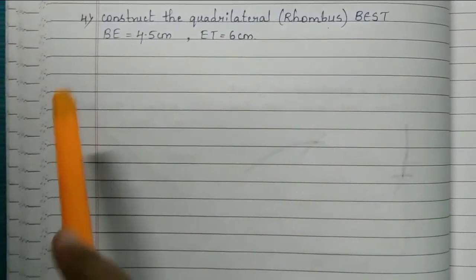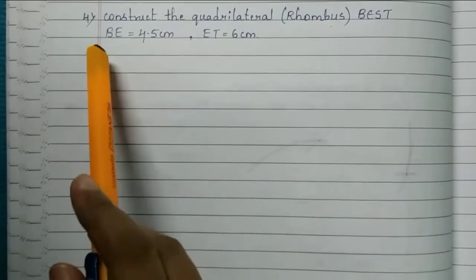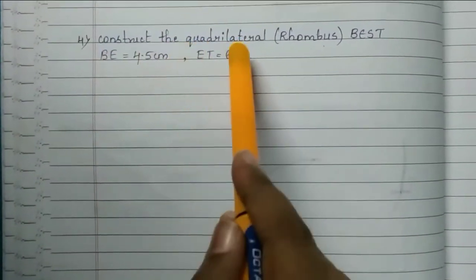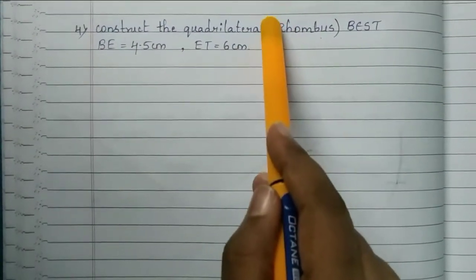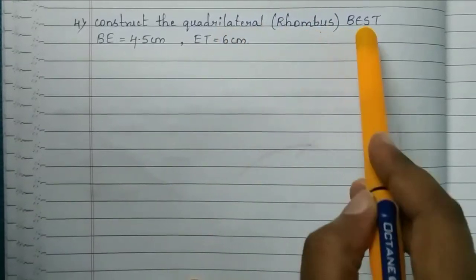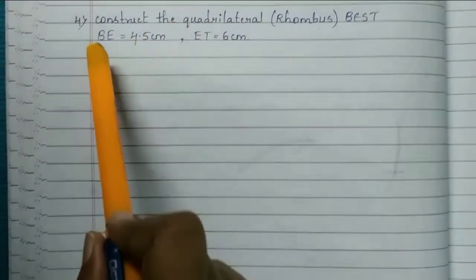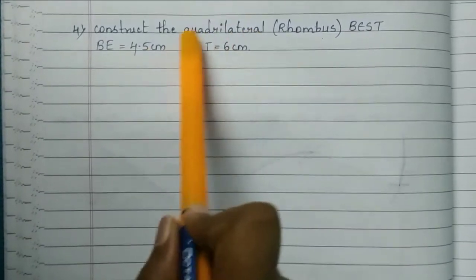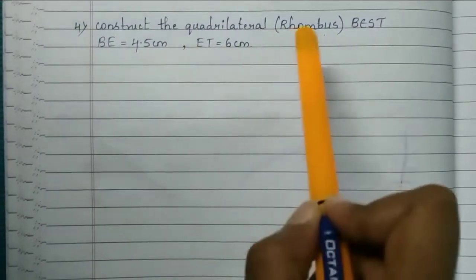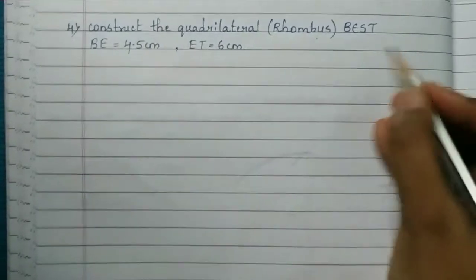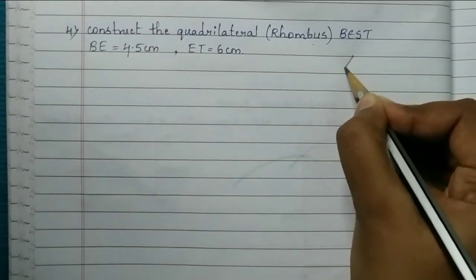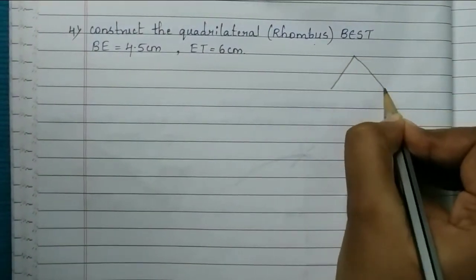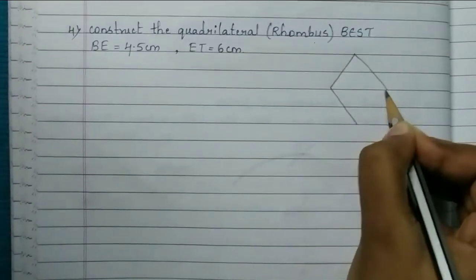Okay, moving to the last question of this exercise 7.1. The question is, construct the quadrilateral which is a rhombus. Okay, quadrilateral BEST, where BE is given as 4.5 centimeter and ET is given as 6 centimeter. So we should know that a rhombus is a figure which is similar to a square and it is in the shape of a diamond.